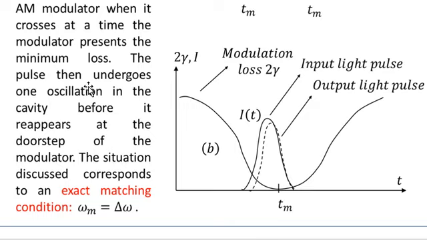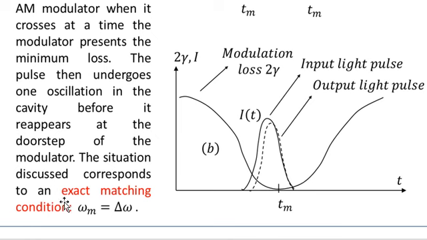So the pulse then undergoes one oscillation in the cavity before it reappears at the doorstep of the modulator. So these will appear after a time capital T, which is equal to 2L over C.